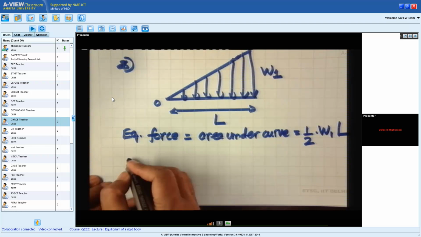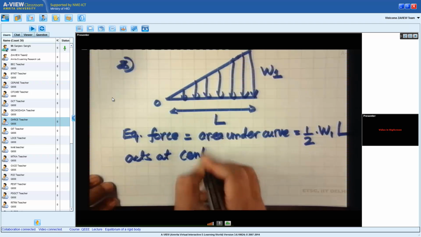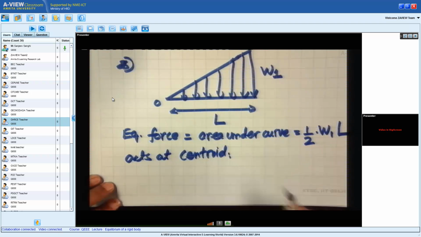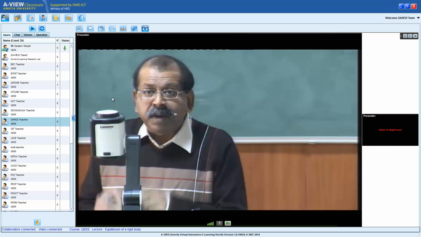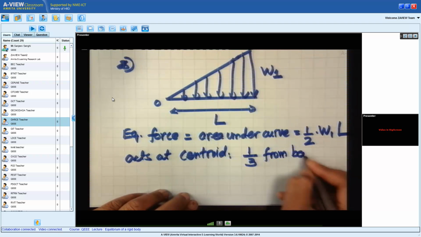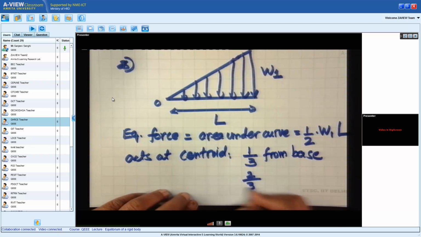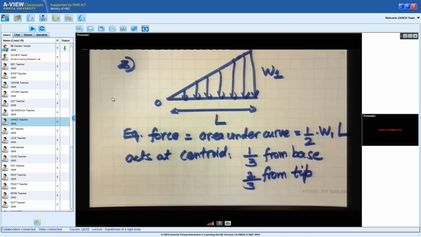And it acts at the centroid. The centroid of the triangle, this you remember not by length, you think of it as 1/3 from the base and 2/3 from the tip.